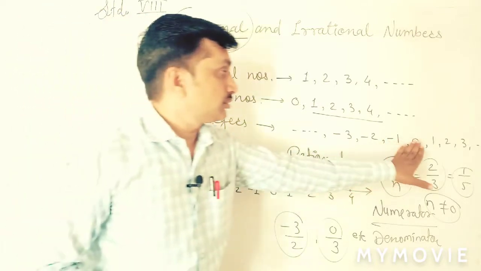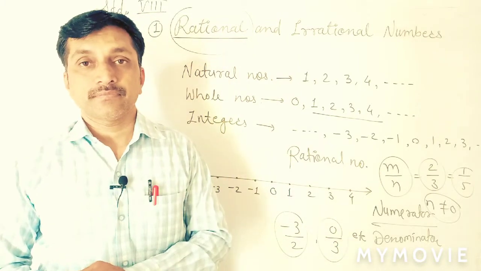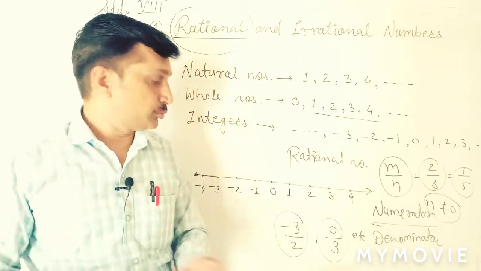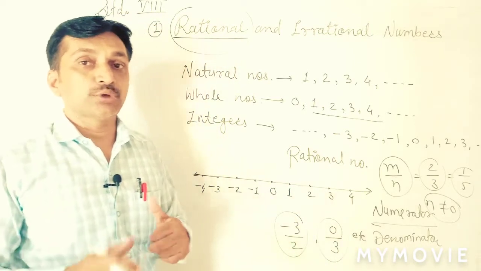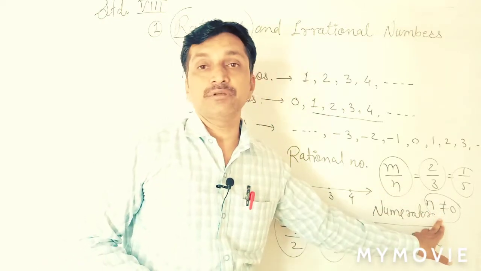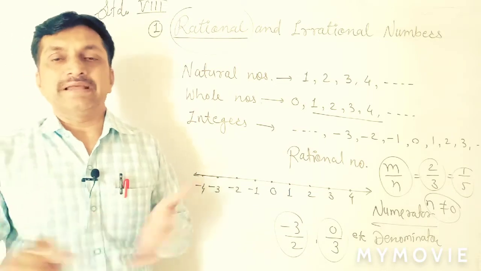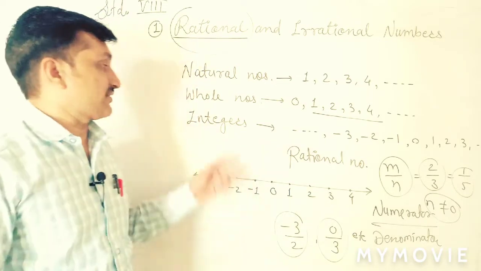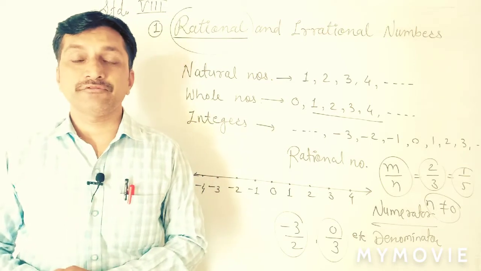Except 0, you can write any number in the denominator. In the numerator, any number; you can write 0 also. But the condition is for the denominator. The value of n should not be 0. That is the only one condition. Otherwise, all examples are rational numbers. Is it clear, dear friends?